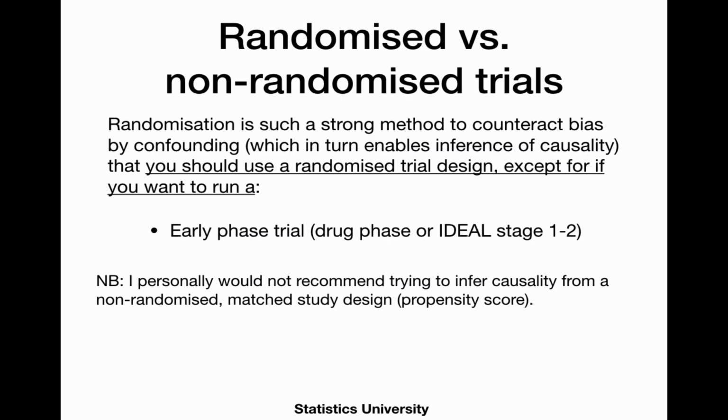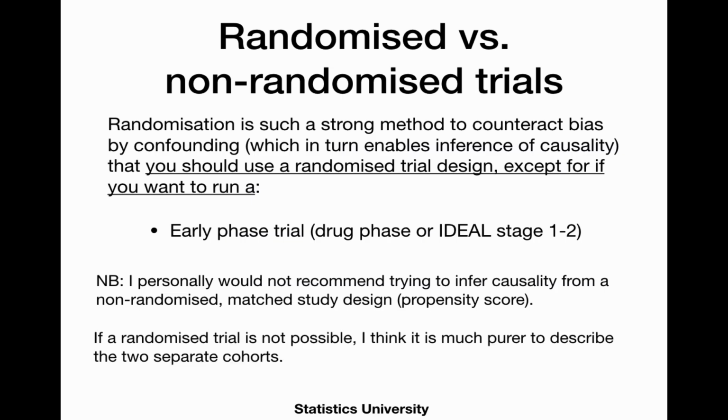But I would personally not recommend trying to infer causality from a non-randomized study with a matched study design, such as the propensity score method. And if a randomized trial is not possible, I think it's actually purer to describe the two separate cohorts and see what you can learn about the benefits and disadvantages of the two separate treatments.